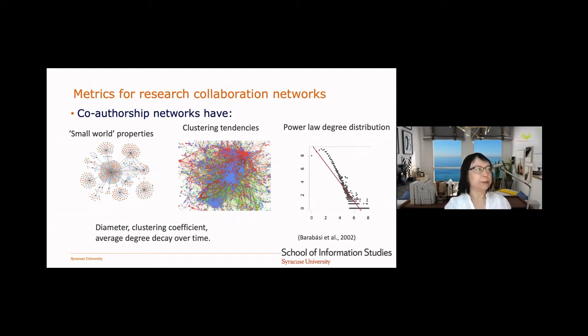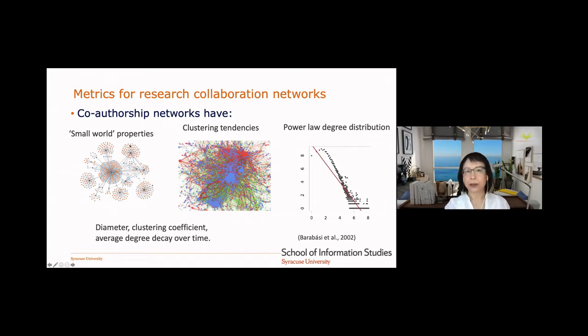For the metrics, here I'm focusing primarily on the collaboration networks. The metrics for research collaboration networks have primarily used co-authorship of publications.